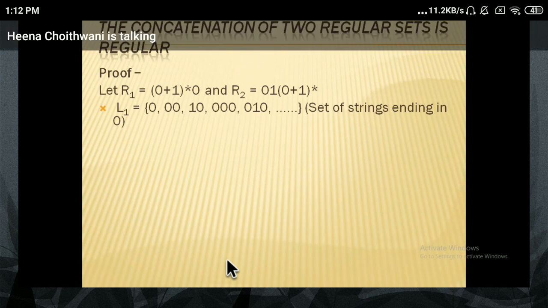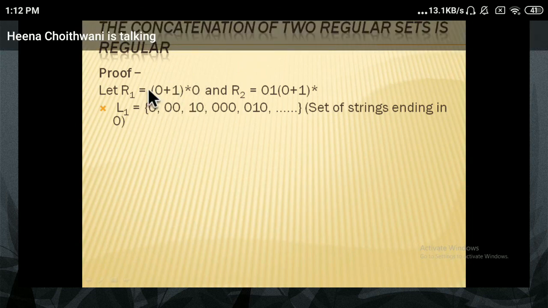If you consider the 1 part, 1 star will give you epsilon, 1, triple 1. If you multiply that with 0, that will become 10. Please check, 0 comes later, 1 comes first. So that will become 10. Then we have double 1 0, triple 1 0, and so on. Are you getting how I am forming the expressions?